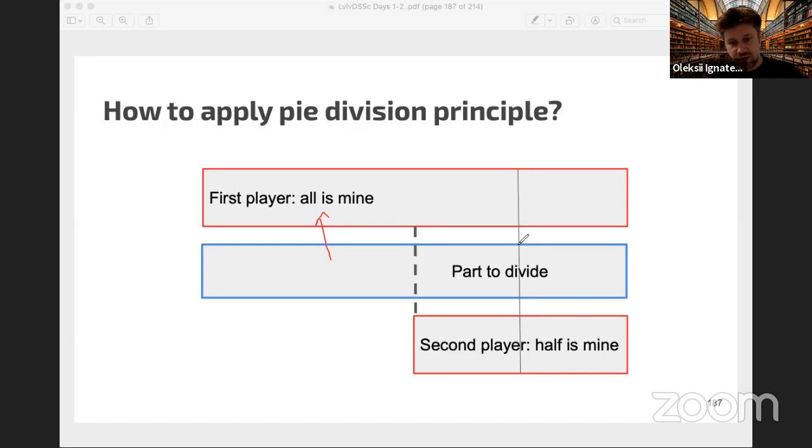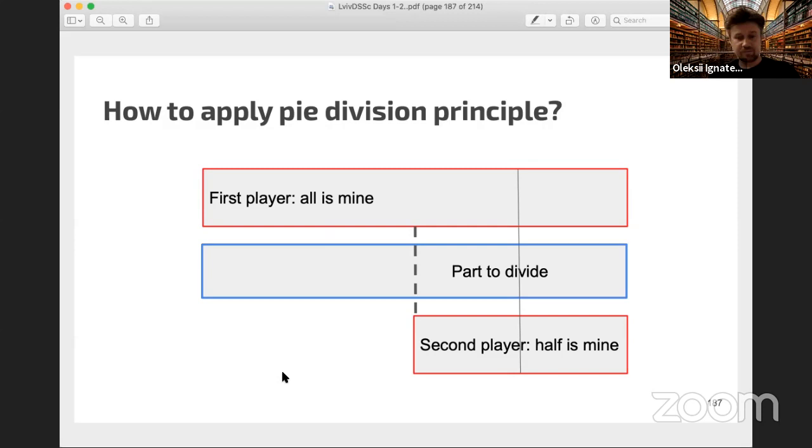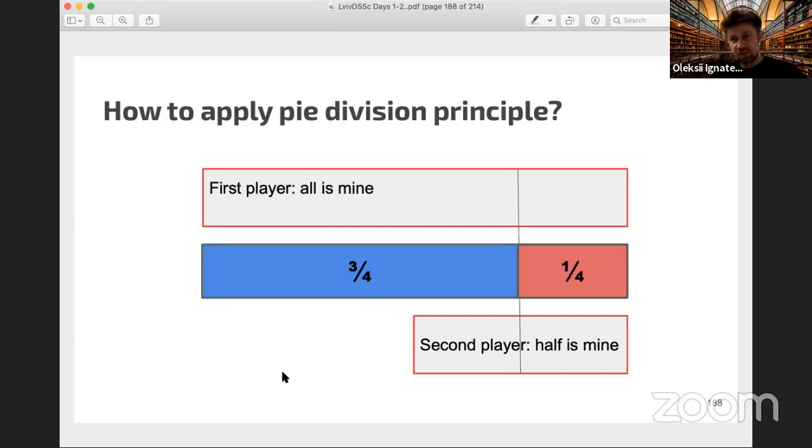So they need to divide equally only this part. And if we divide equally this part alone, then we have what is recommended by the Talmud, 3/4 and 1/4. But of course, all this is not written in the Talmud. It's a game theoretical principle applied to this strategic situation.